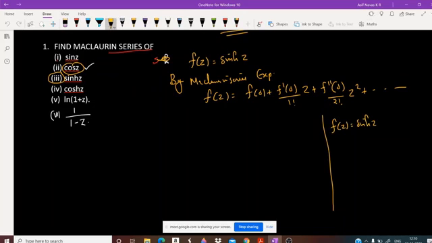Okay, so what is sin hz? Sin hz is e raised to z minus e raised to minus z divided by 2. This is hyperbolic sin.